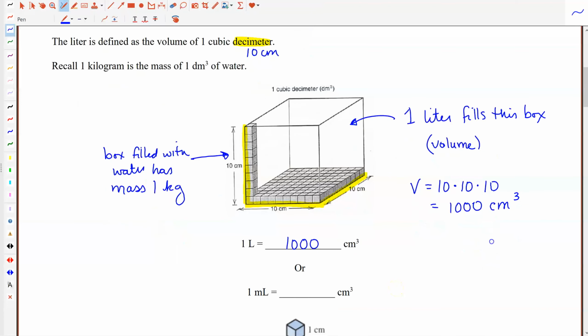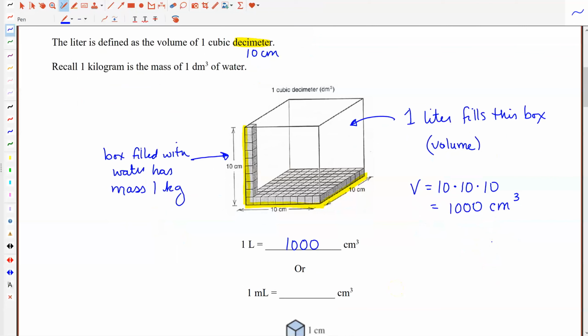But now also recall that for liter as my base, there are 1,000 milliliters in 1 liter. So this gives us an equivalent relationship: if I break my liter into 1,000 milliliters, and 1 liter is equivalent to 1,000 cubic centimeters, then what must be true is that 1 milliliter is equivalent to 1 cubic centimeter.